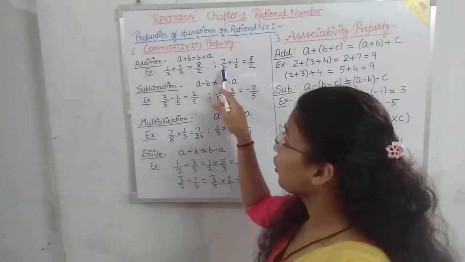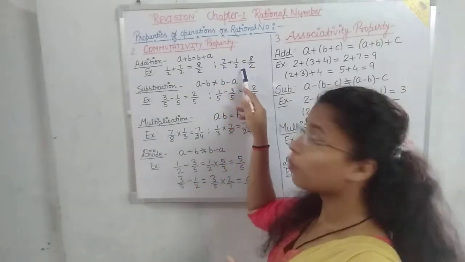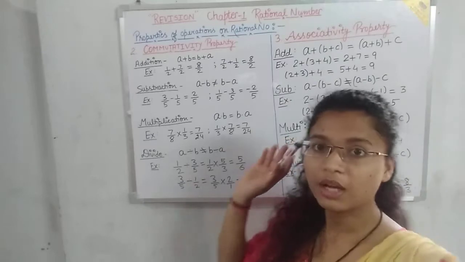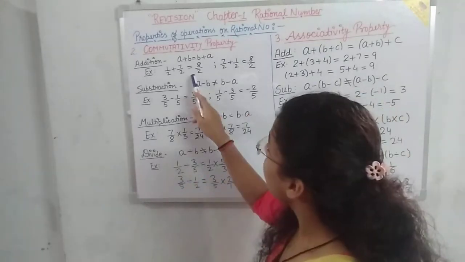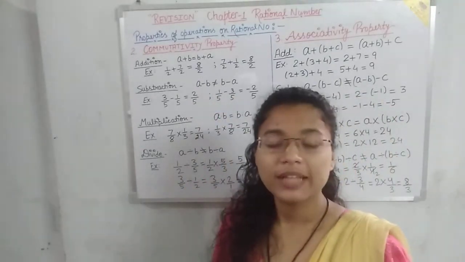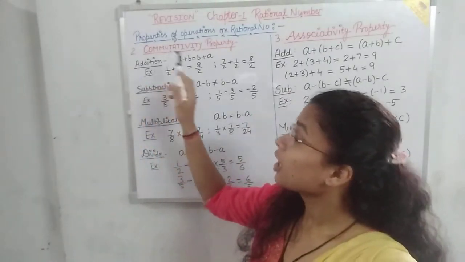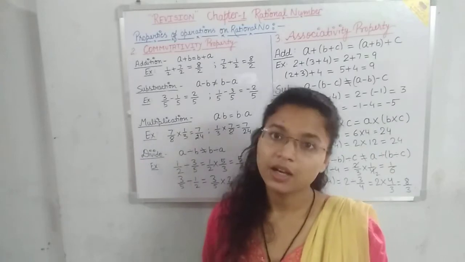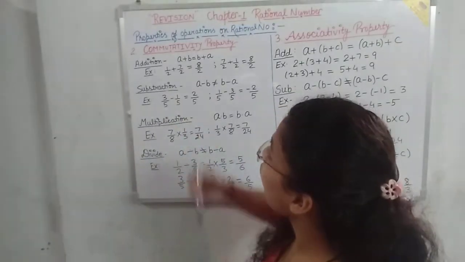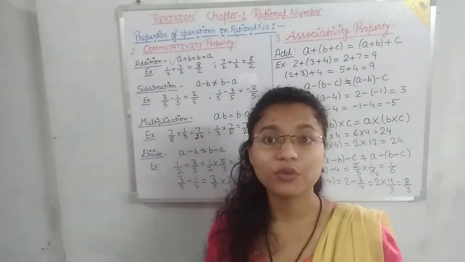When you add 7 by 2 plus 1 by 2, this will be equal to 8 by 2, which means both are equal. That means you can say that addition is commutative for rational numbers. This is the required necessary condition. You have to learn it.